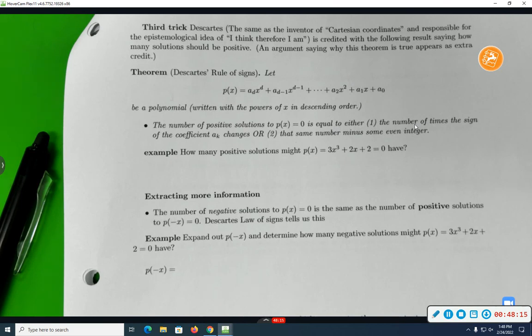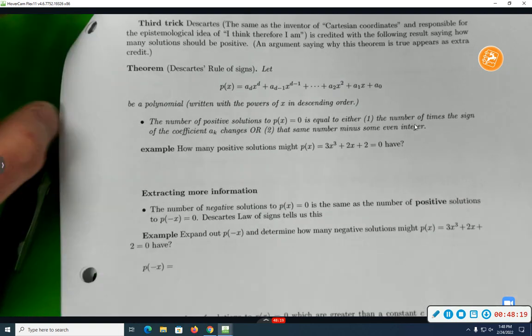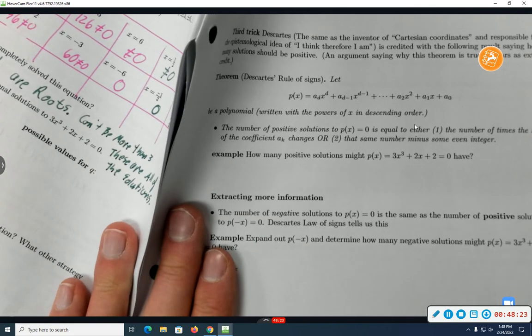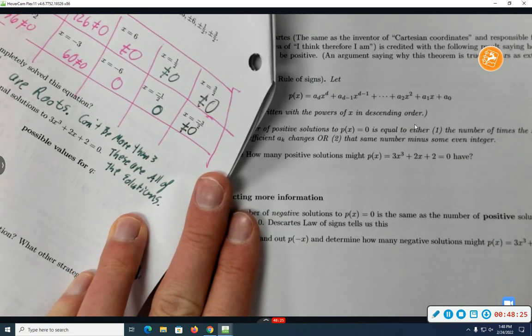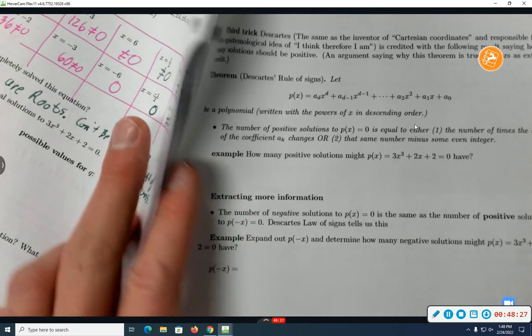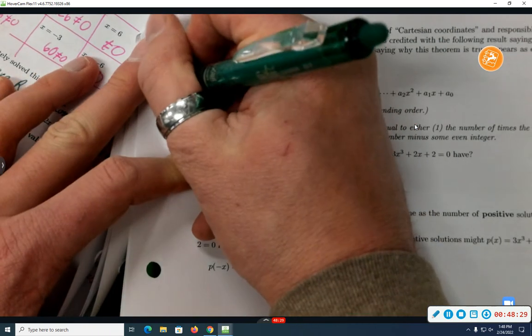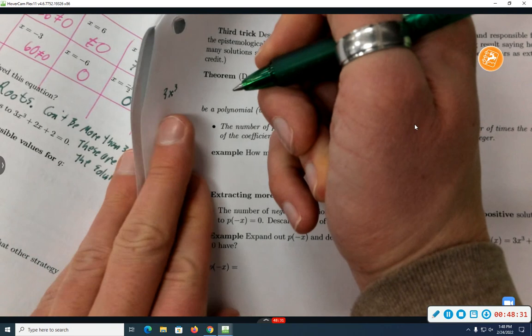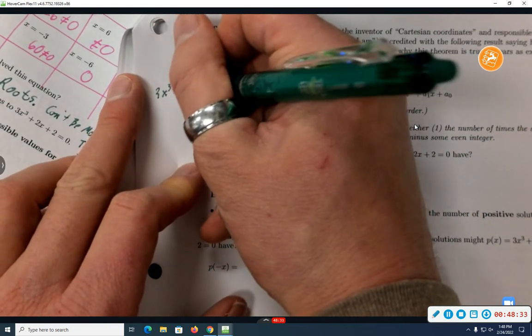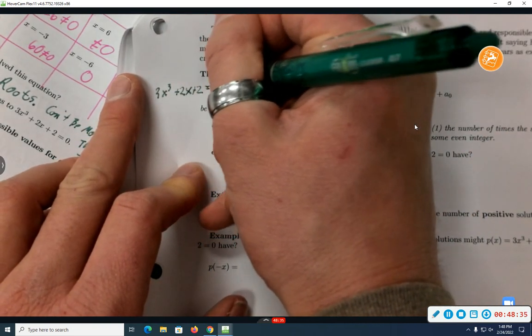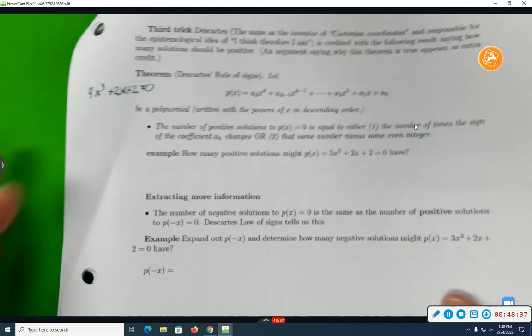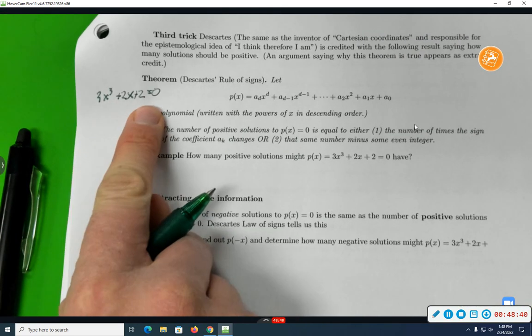So let's apply that to this previous example. Let's think about the polynomial 3x cubed plus 2x plus 2 equals 0. The powers are written in descending order.